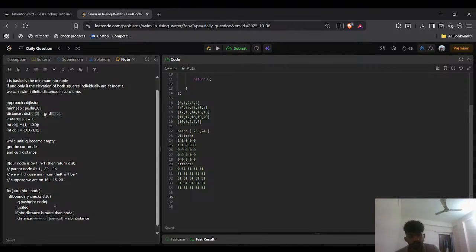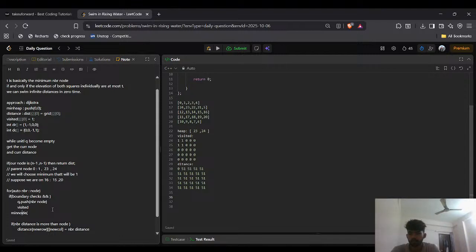Okay, so we can do outside this for loop. This if statement will be outside the while loop. Min node from the neighbor nodes.